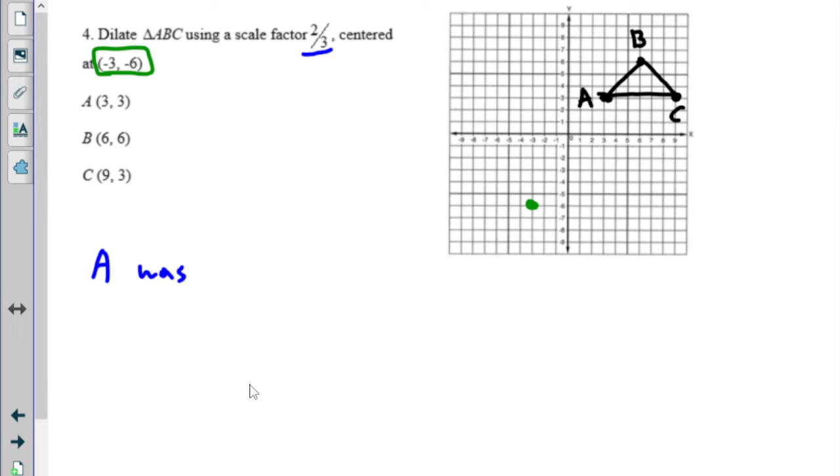Point A was, let's count our distances. Again, our distance comes from this point. We are here. How do we get to A? 1, 2, 3, 4, 5, 6, 7, 8, 9 above.